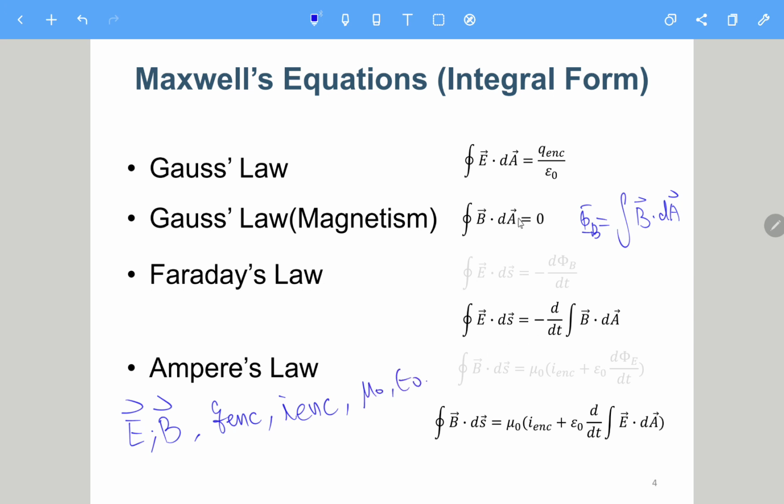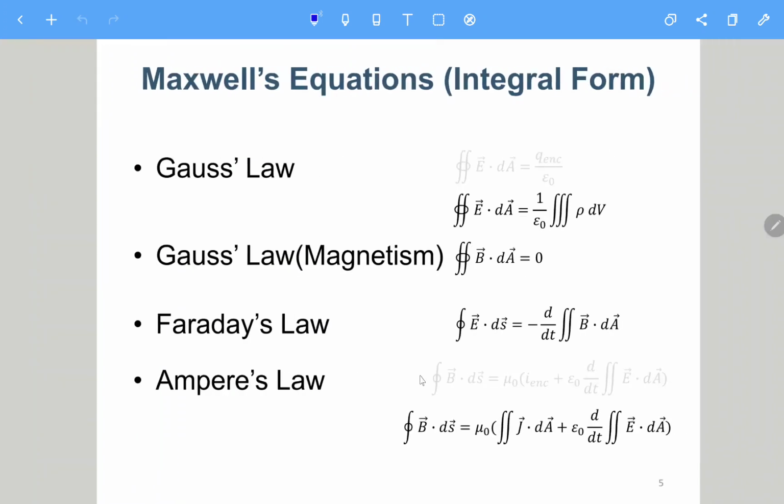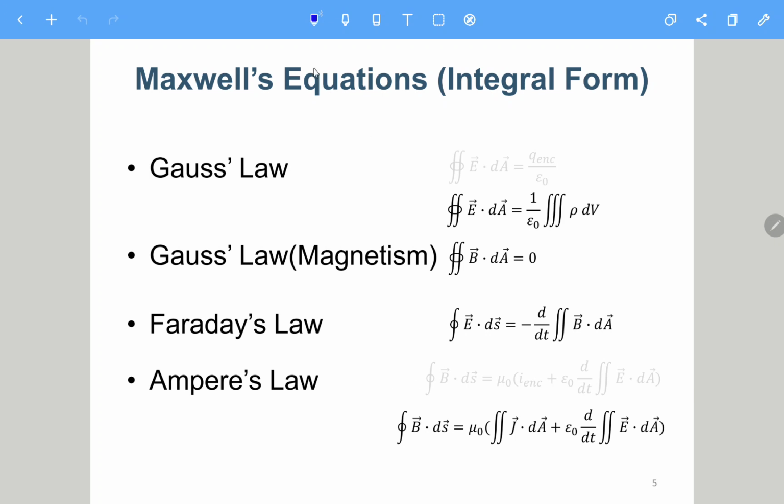Within this, we only have these six. These two are the fields, and these two are considered the sources, and then the constants.